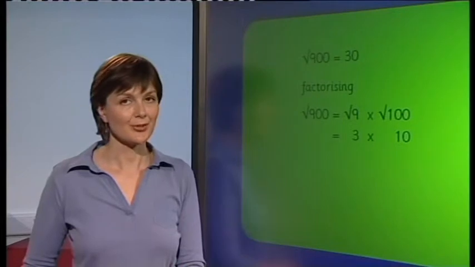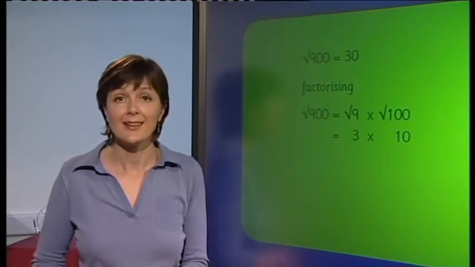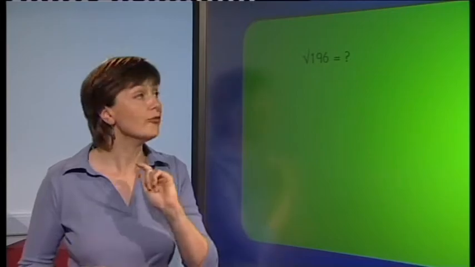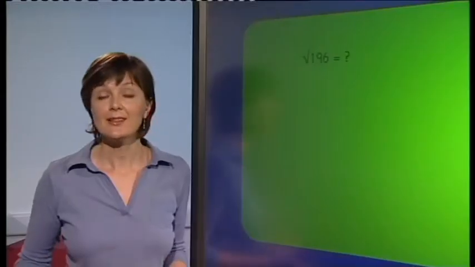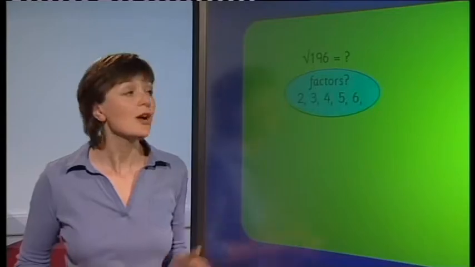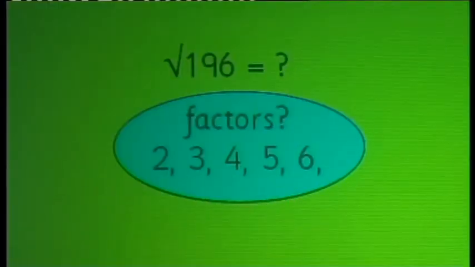Well, perhaps 900 was a bit too easy. Let me show you another problem and how your knowledge of factors and multiples can help. What is the square root of 196? Factorising will help, but what are the factors? Well, let's just take a minute to run through the possible factors.